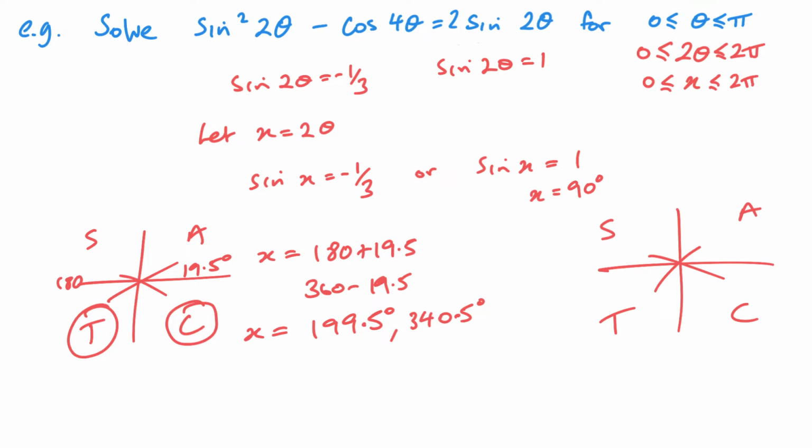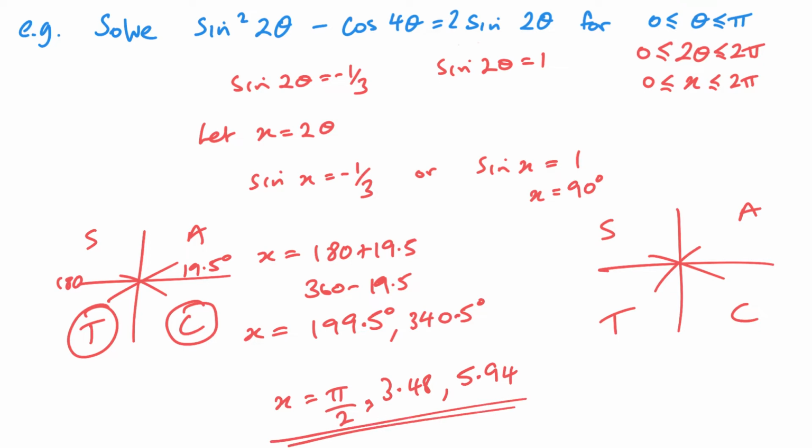Now I've done all my angles here in degrees, but obviously up here is in terms of radians, so I should have perhaps done this all in terms of radians straight away, but equally I can just convert all of these into radians at the end. It's not an issue. And this would give me, for my three answers, x is pi by 2, and then 3.48 and 5.94.